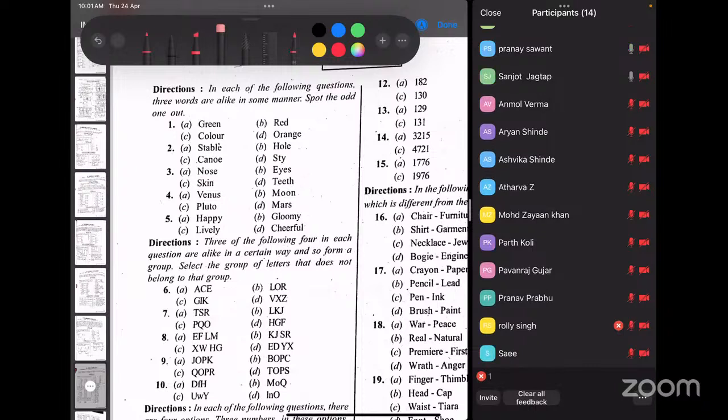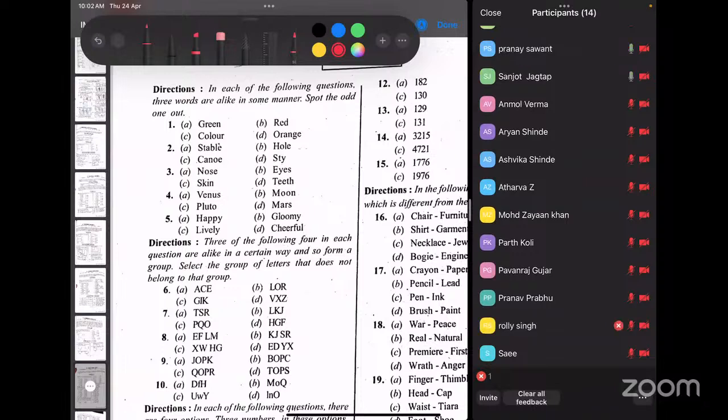Nose, eyes and skin are what you call in biology sense organs, and teeth is not. So D will be correct. Yes, sir.